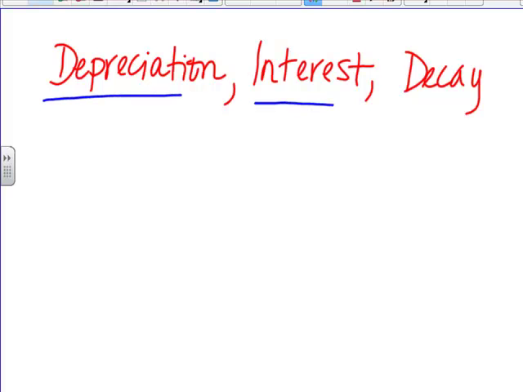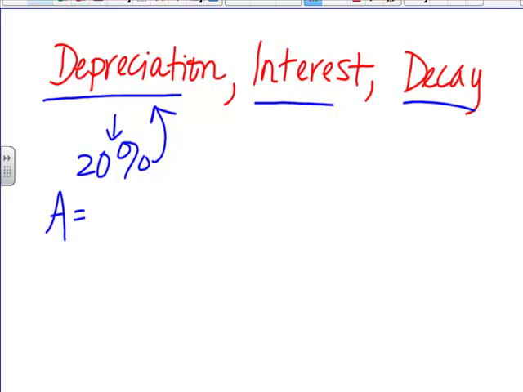Okay, I just want to mention a couple words. Depreciation, interest, decay, these are all these types of problems. So remember, if something's depreciating, say 20% depreciation, it's keeping 80%. So really, this is the problem where we take whatever the original value is, say it's $100, and if it's depreciating 20%, the equation will work this for you because you would write 1 minus 0.2 raised to however much time you care about.